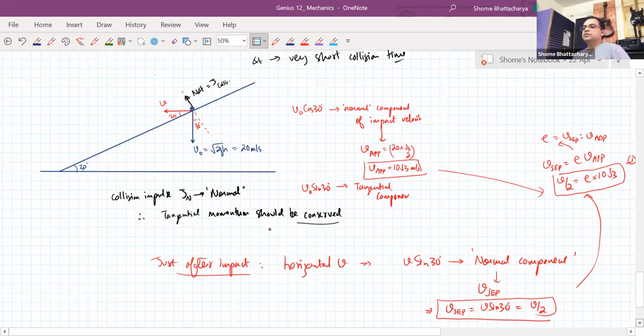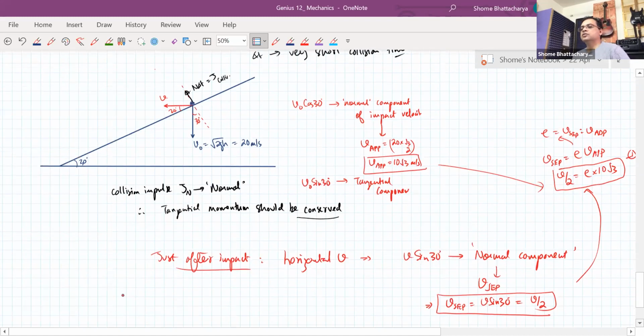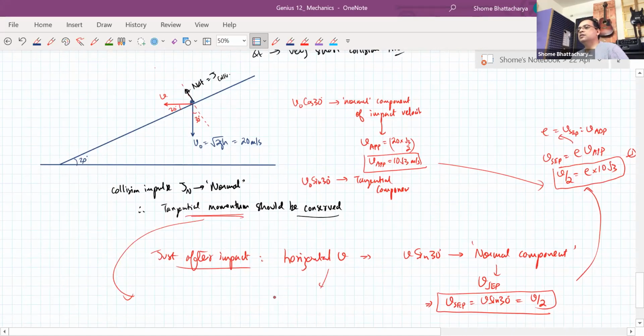Whereas we had seen that the tangential momentum should be conserved. Now we can see that this has a tangential component of v cos 30 degrees.